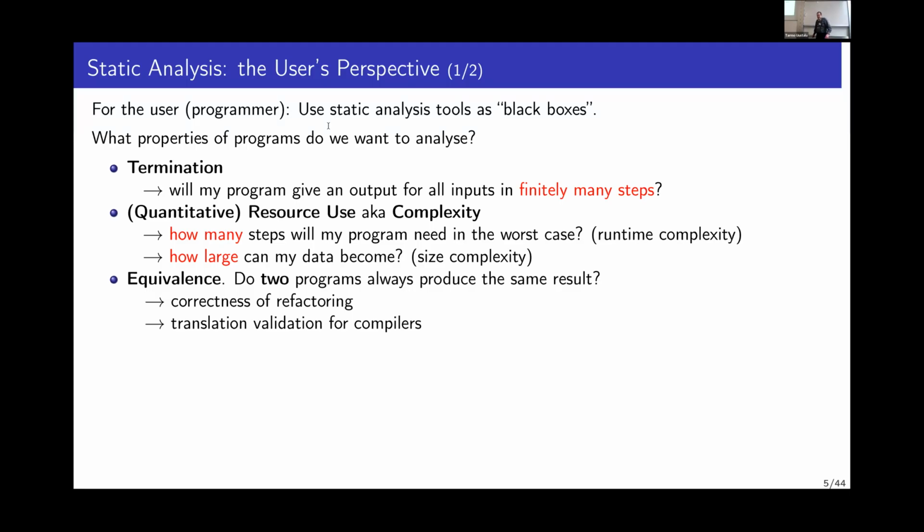Another question that is very useful and can be used for many different properties is equivalence. The question: I get two programs, maybe an old version of a function and a refactored version of the function, and I want to know, do these two programs always produce the same result?